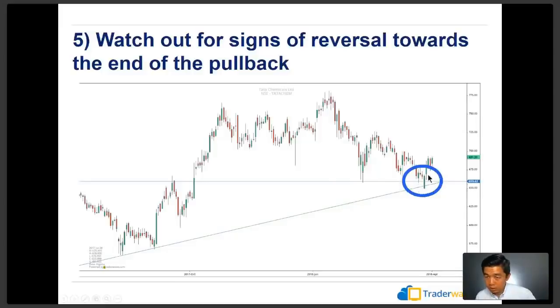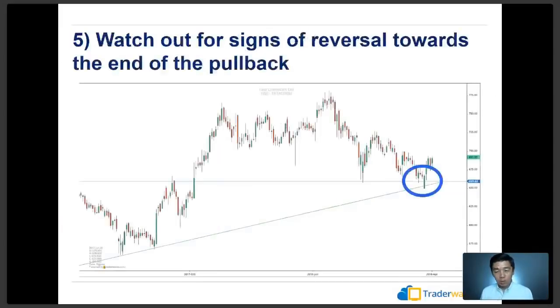Okay, so this usually is a good sign that a potential reversal is starting to happen at this key support level. Once you see this kind of level, you want to start to take note because you want to start preparing to get into this pullback trade, if that makes sense to you.